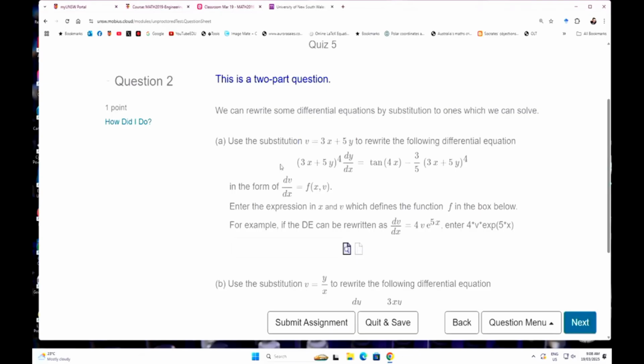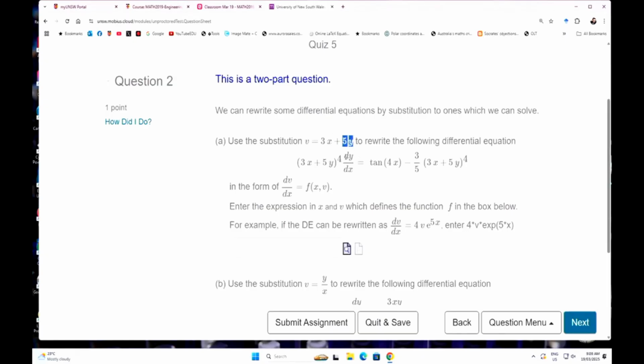The process is almost identical to the case we looked at yesterday. You differentiate your substitution with respect to x. So here's your substitution. This is going to become dv/dx, this will become 3, and this will become 5 dy/dx.